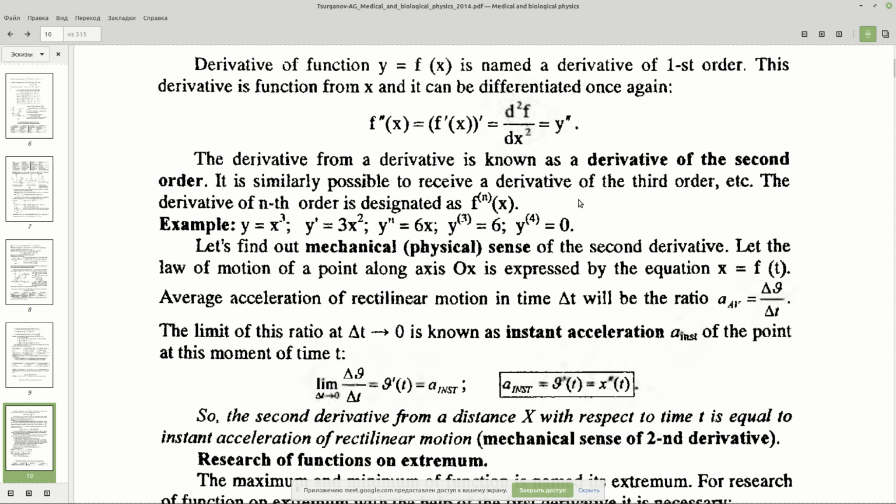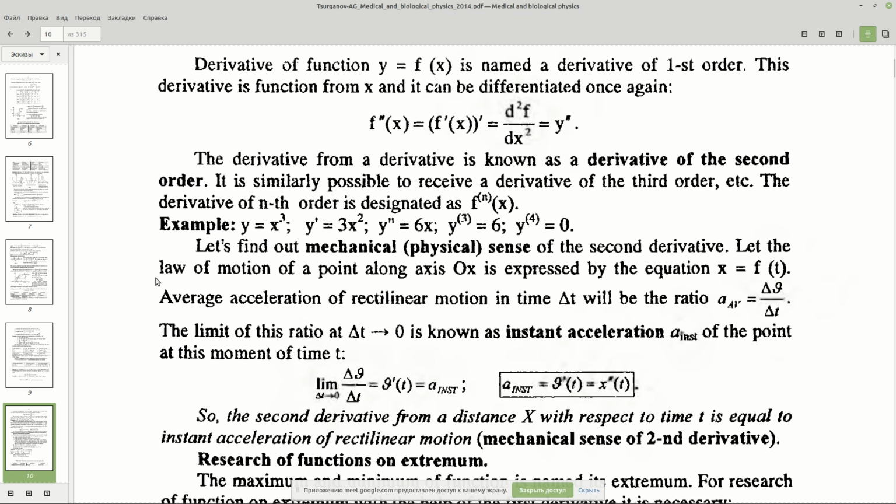Example: y equals x to the power of 3. y prime will be 3x squared. y double prime will be 6x. y triple prime will be 6.